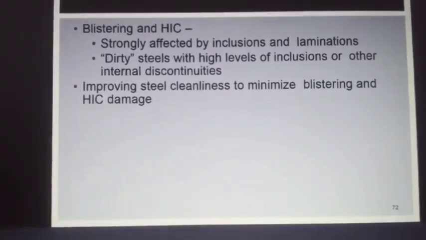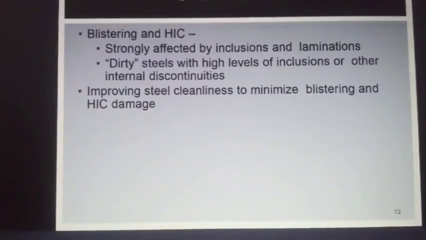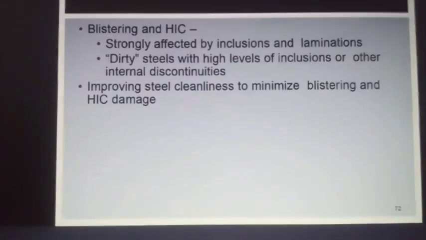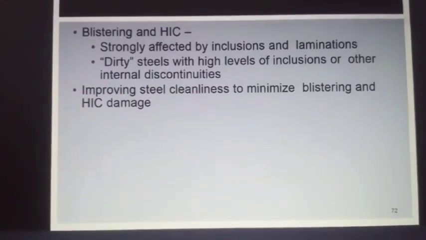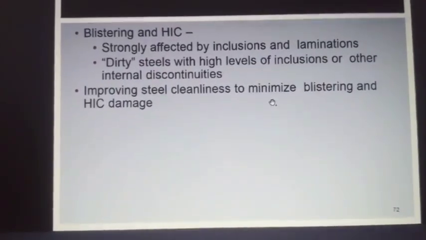Now we talk only about HIC, which is strongly affected by inclusion and lamination. That's why we are restricting sulfur. Sulfur is the main culprit which gets accumulated and forms an inclusion, and when you roll, it becomes an elongated inclusion in the plates.